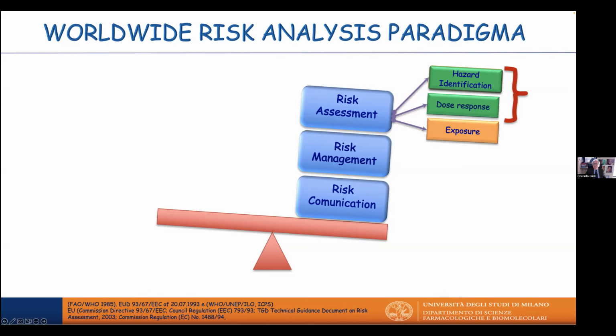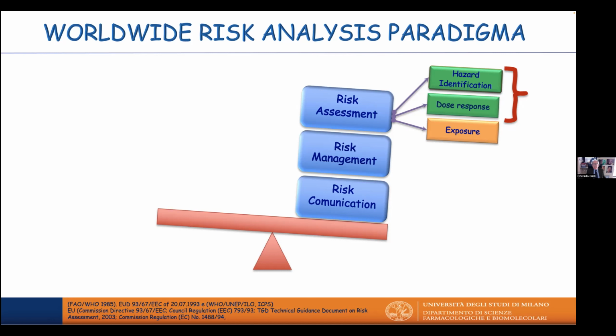Because for the risk assessment, you have to deal with the hazard identification. Then you have to look for the dose response, and then altogether with the exposure, you can characterize the risk. And you see that risk analysis is composed of three different boxes: risk assessment, risk management, and risk communication. That is something that we will not discuss today.